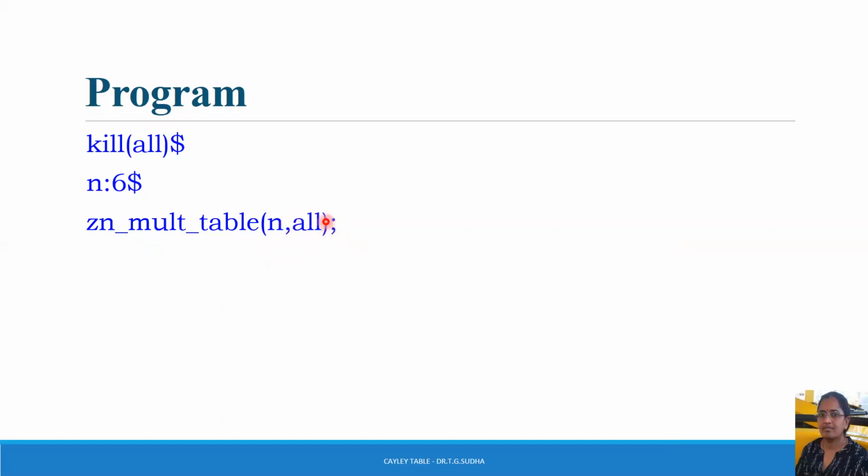Suppose all is not given in this command, and you take only zn_mult_table(n), then this shows the multiplication table of all elements in Zn star, that is once again non-zero elements in Zn, of which only those co-prime to n are considered.